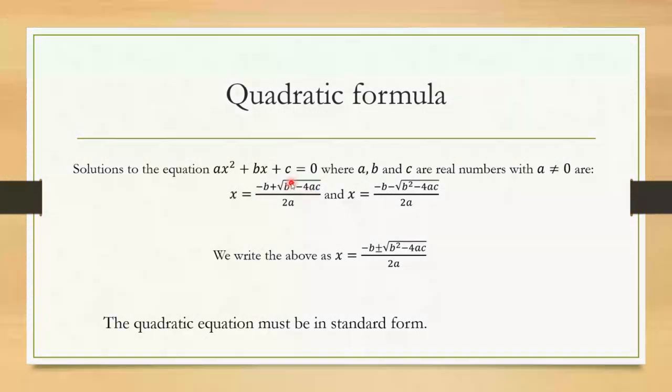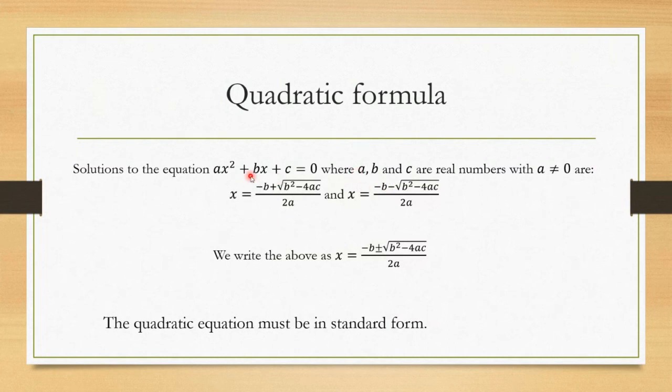So once you have a, b, and c, it's in standard form, notice, so it has to equal 0. If you don't have it in standard form, this formula is not going to help you. So we have ax squared plus bx plus c, where a is not 0. And a, b, and c are numbers, though.